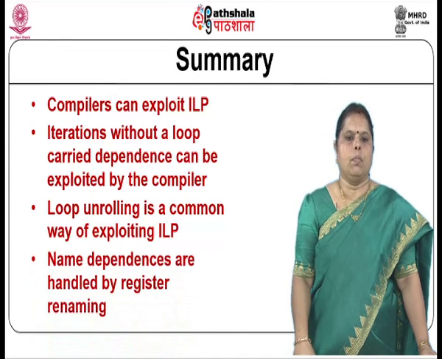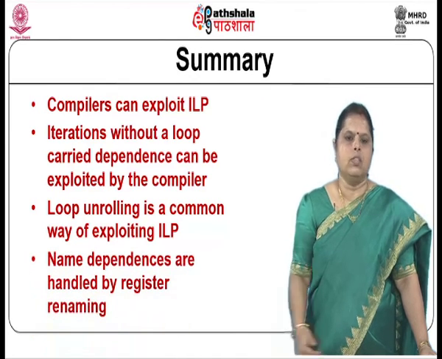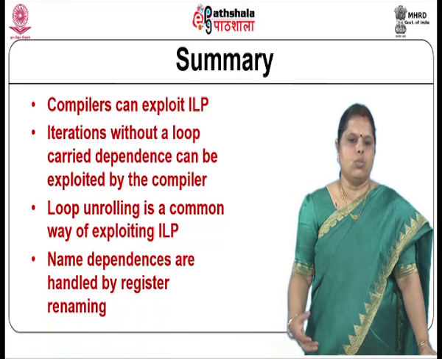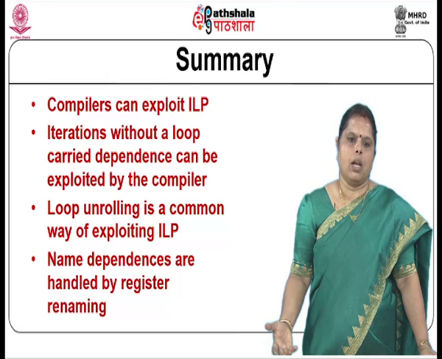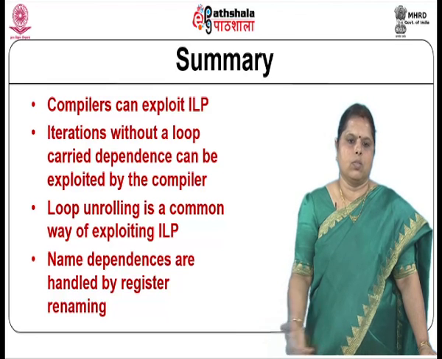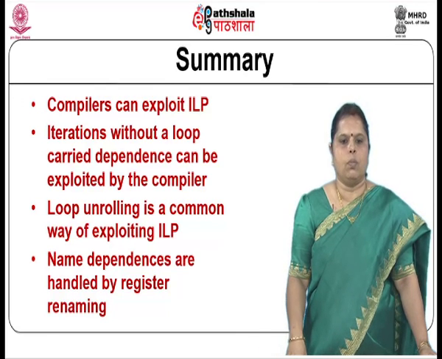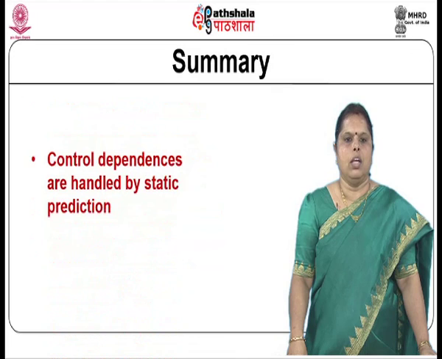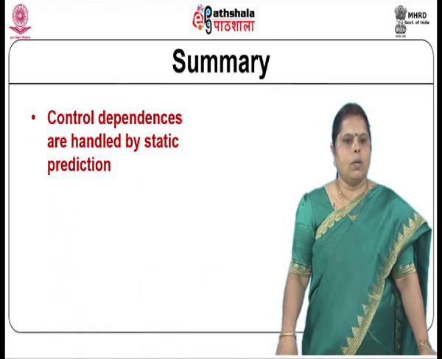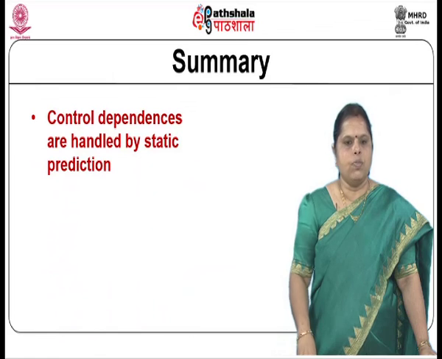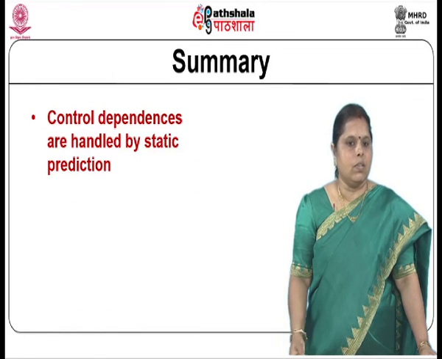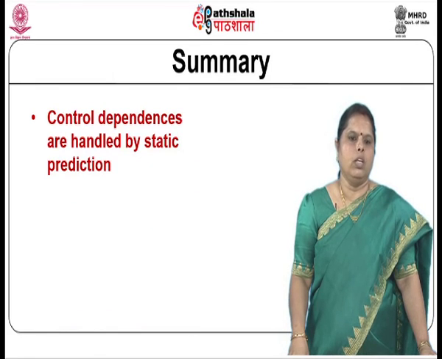When you are doing the replication, you have to take care of different things. Basically, the idea is to generate enough parallel instructions. Instructions can be parallel only when they don't have any dependencies. So all name dependencies will have to be resolved by register renaming. And control dependencies are basically handled by means of static prediction. In most unrolls, the control dependence itself gets removed because you are removing the loop maintenance code.